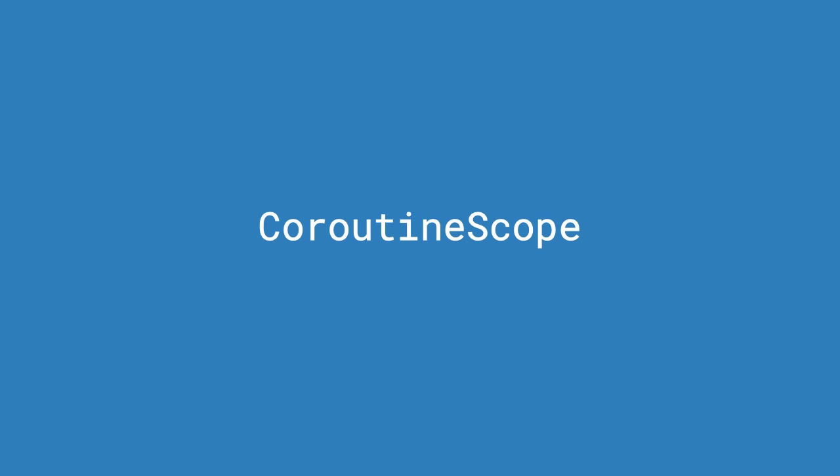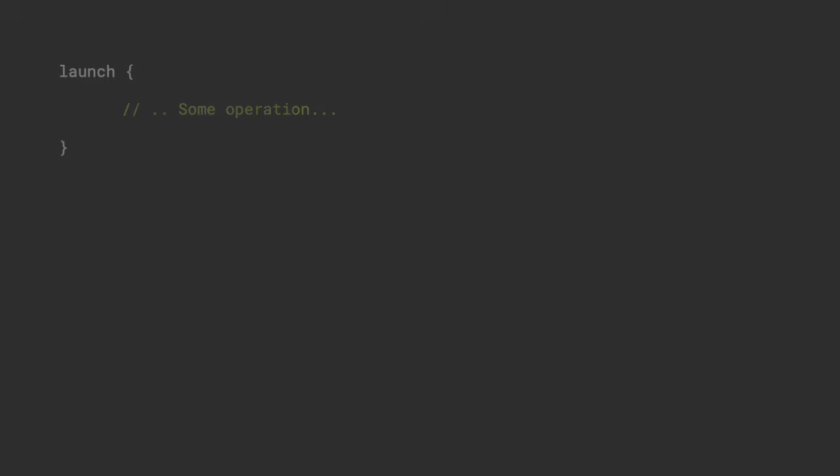So yes, let's start with Kotlin CoroutineScope. What it means actually. Well, we all know that the launch function is a coroutine builder. It creates a coroutine. Now, when it creates a coroutine, then by default it gets attached to a special instance of CoroutineScope.